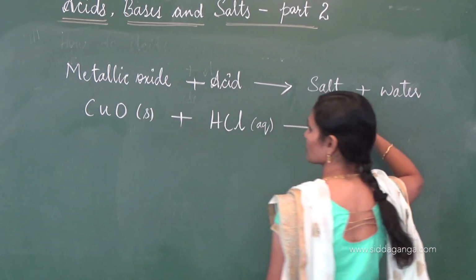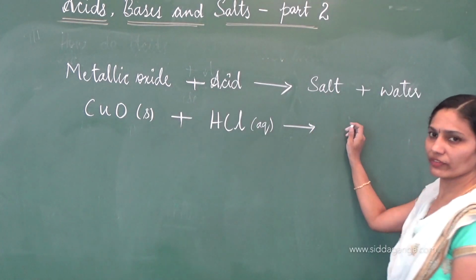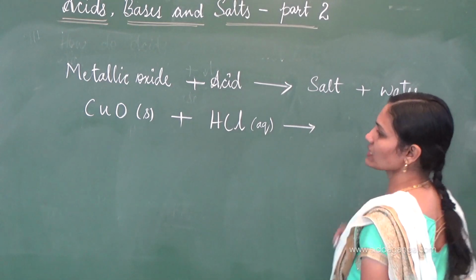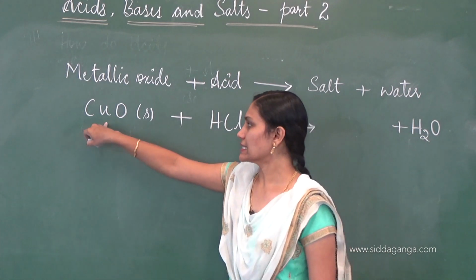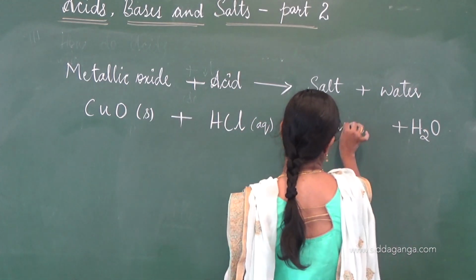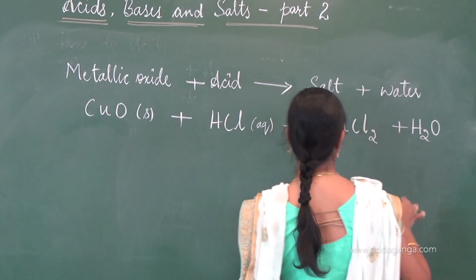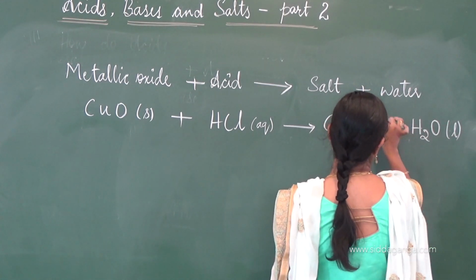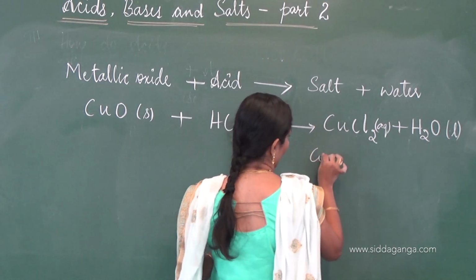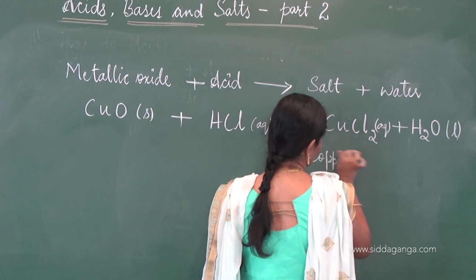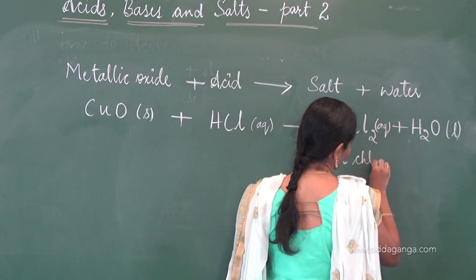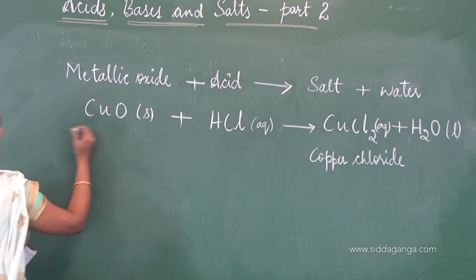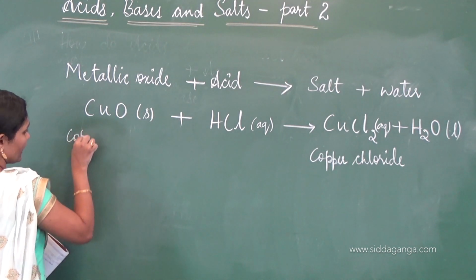We know that from the general equation we got to know that a salt will be formed, and along with that water is formed. And guess what salt is this? CuCl2. Copper chloride is the salt obtained. Water in its liquid state, whereas this is in its aqueous state. What is this? Copper chloride, CuCl2. And what was the metallic oxide? CuO is copper oxide.